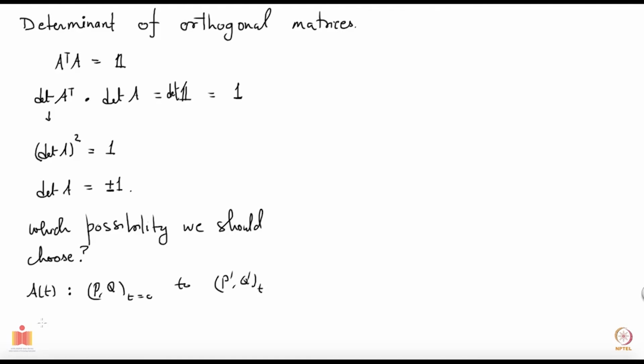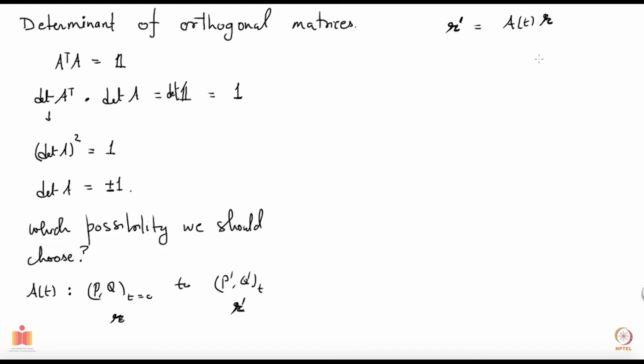Or equivalently, we are basically asking about the distance between the two points. Here is R prime and here is R, and what we are asking is how do you go from R prime to R. This matrix will depend on time because the object is going to move in time.